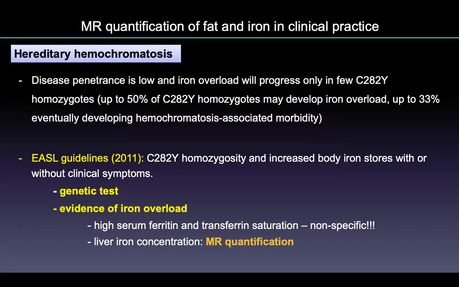So to diagnose hereditary hemochromatosis, we need homozygosity for the gene mutation, so we need a genetic test, and increased body iron stores with or without clinical symptoms. So we need an evidence of iron overload.